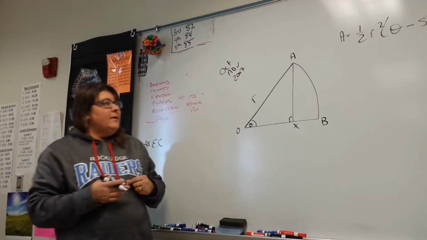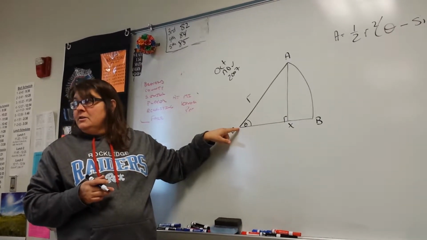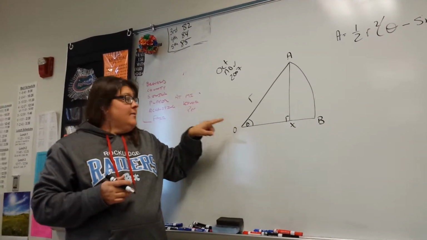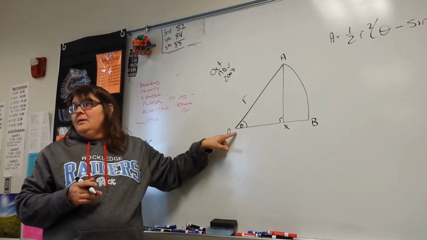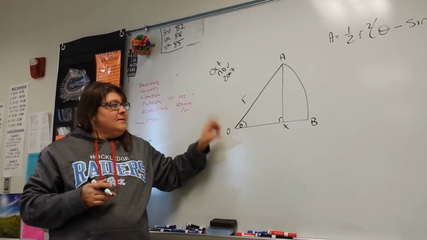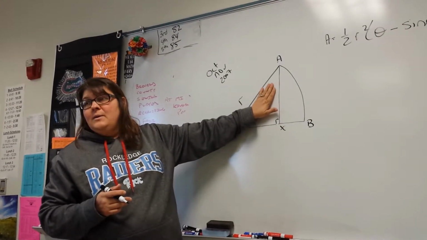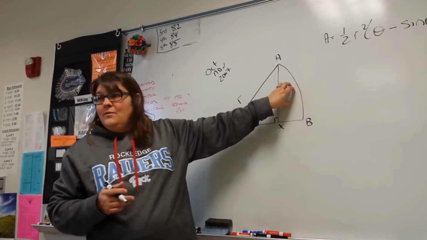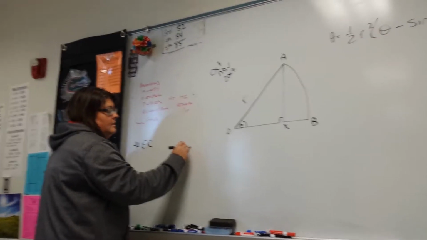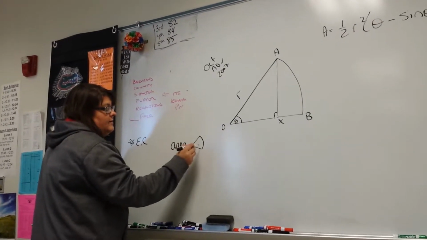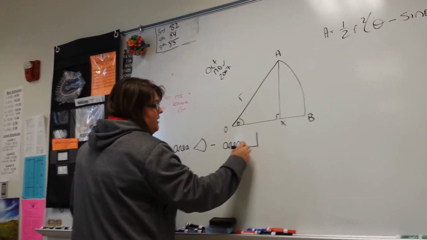So does everybody see that this is your circular sector, slice of pizza, and this is your right triangle? It would make sense that if I took the area of the circular sector and subtracted the area of the right triangle, I'm left with the stuff I'm looking for. Does that make sense? So we're looking for the area of the slice of pizza minus the area of the right triangle.